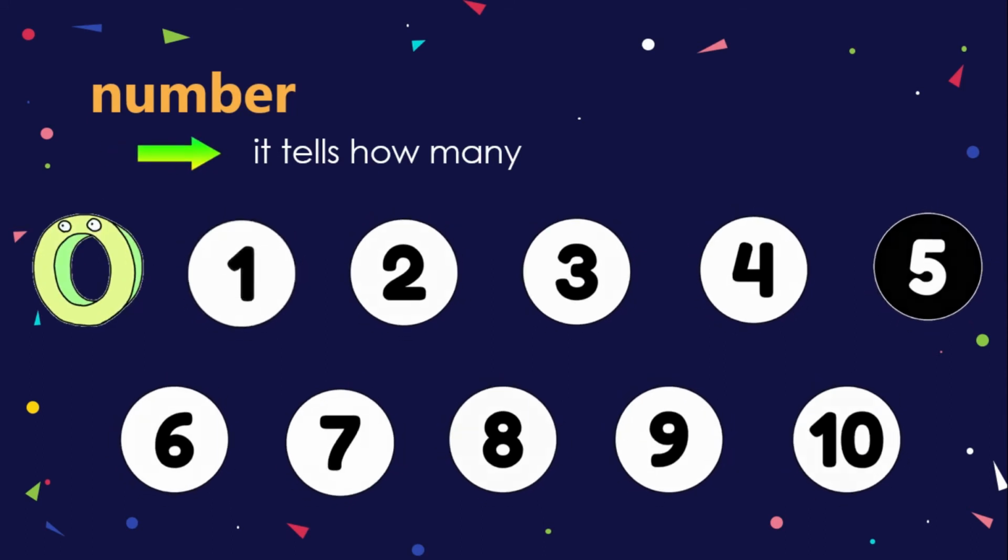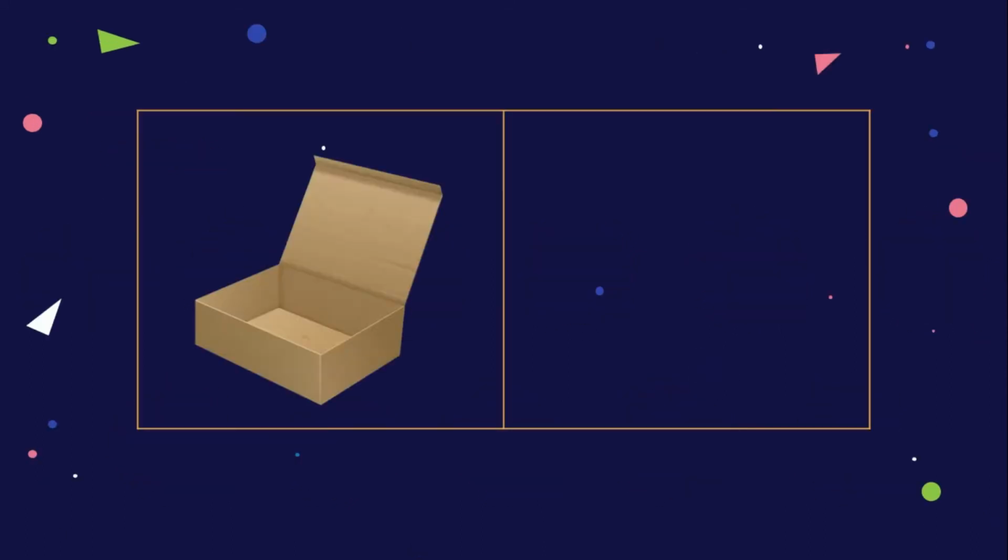Very good. Now, I'll be showing you a box here. Is there anything inside the box? Very good. There is nothing in it. And the box is empty, so there is nothing in it. Ibig sabihin, walang laman.